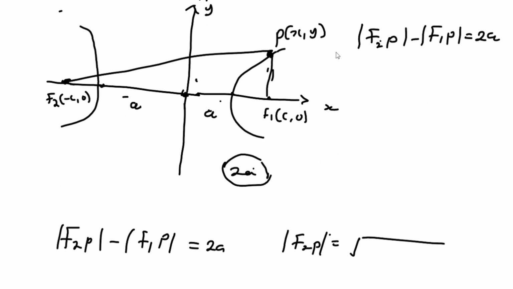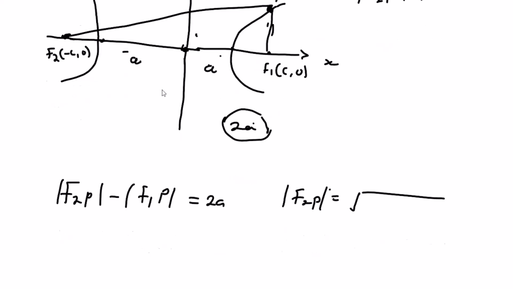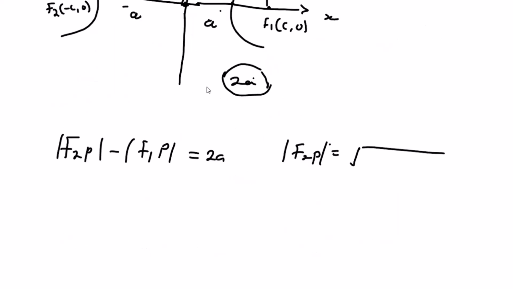For this F2P, that will be x minus c. So you get x plus c, then y minus what? 0. So you get y squared there. So this is going to give us x plus c all squared plus y squared.